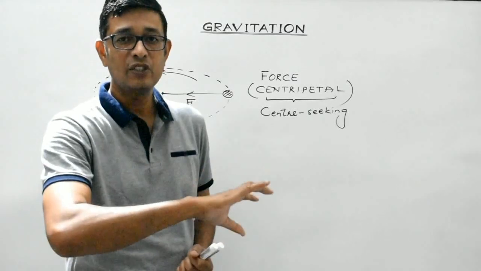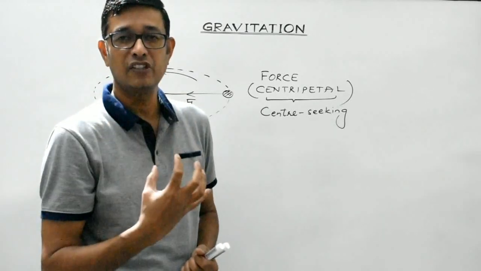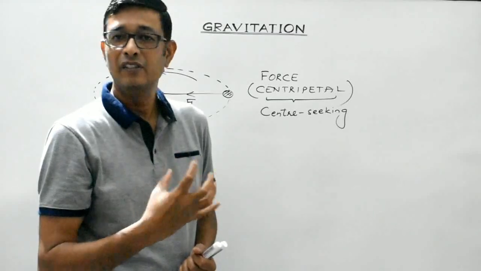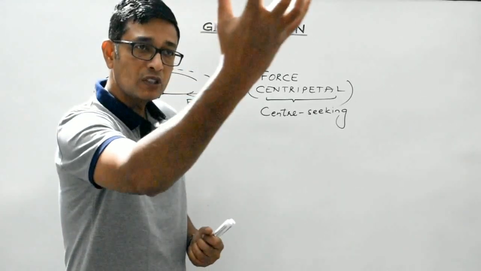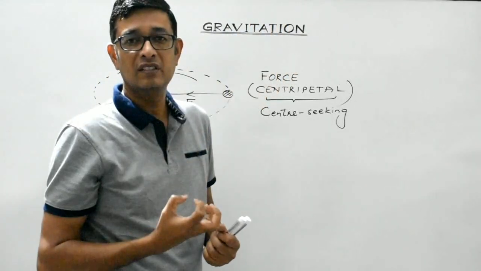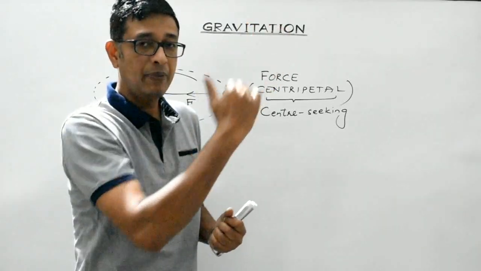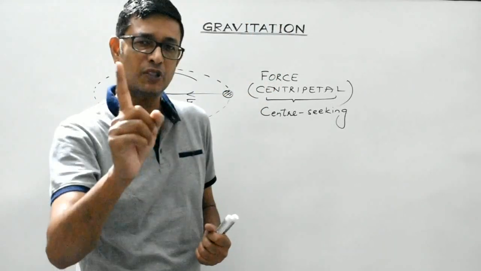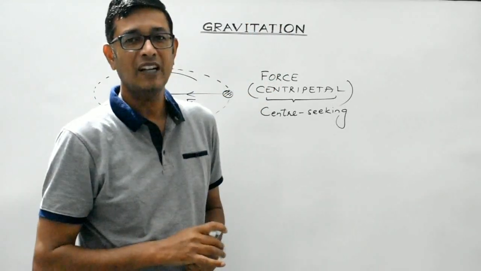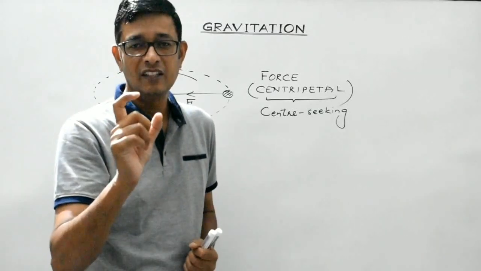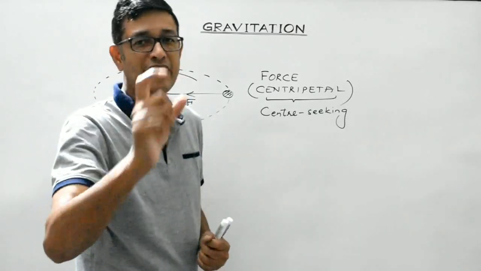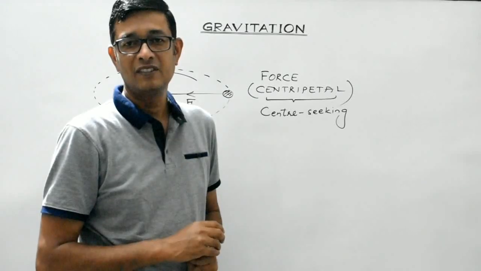And he compared this situation with that of the Moon-Earth condition. He concluded that the Moon must also get attracted towards the Earth. I mean, the force between apple-Earth and the Moon-Earth must be the same. And that common force, students, is known as the gravitational force.